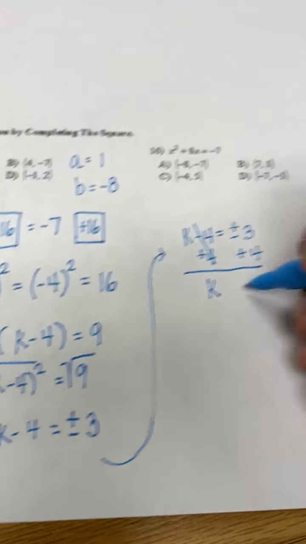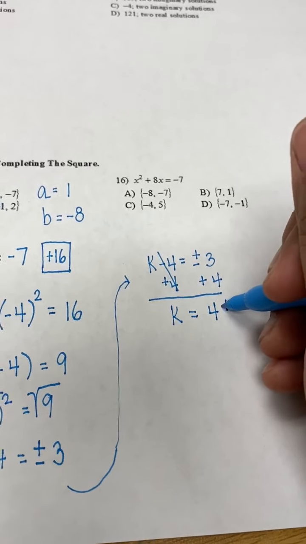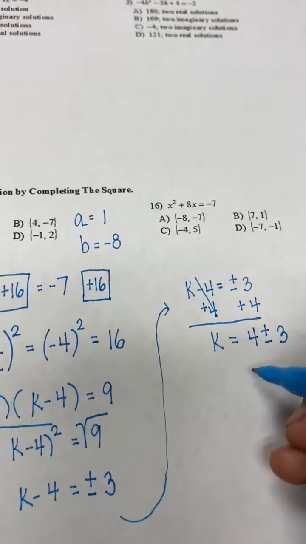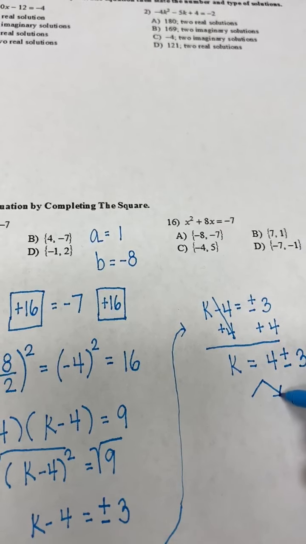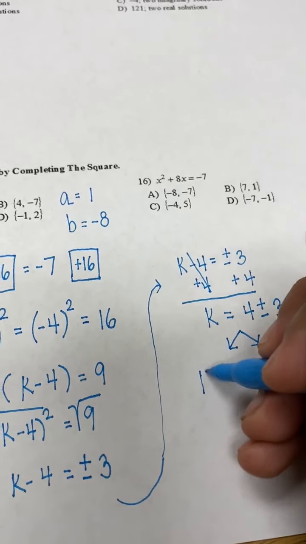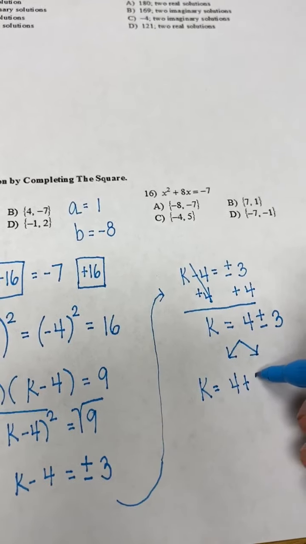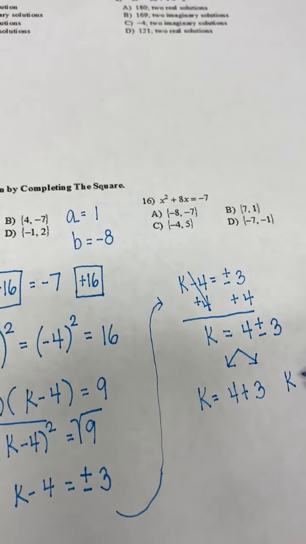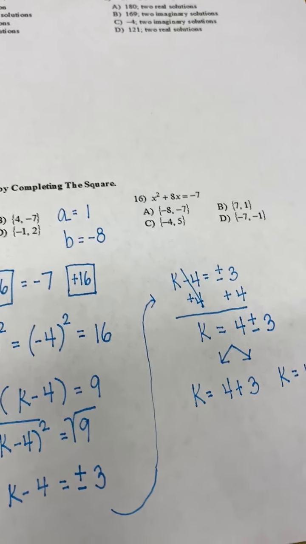So k is going to equal 4 plus or minus 3. Then I'm going to break it up because there are two solutions because of that plus and minus. One of them is going to be k equals 4 plus 3, and the other one is going to be k equals 4 minus 3.